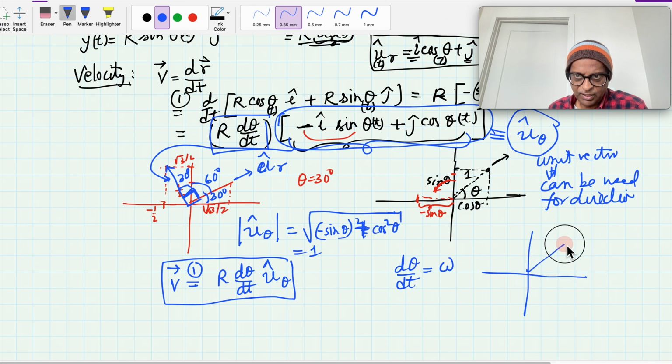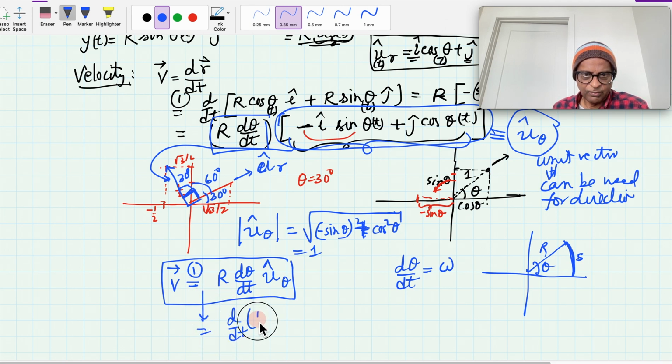if this is r and this is theta, then it has actually gone, this distance is arc length. So r theta, you can write it another way, d dt of r theta. So this arc, that's how much it was at t0, was here. It has gone that far. You had theta.